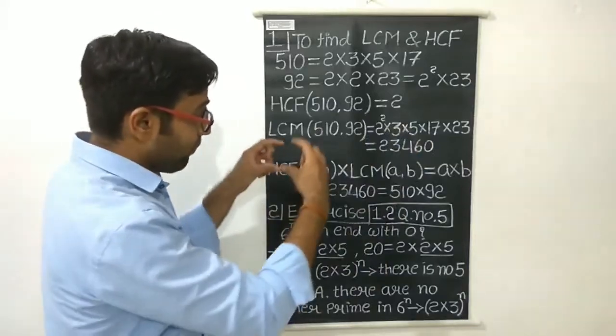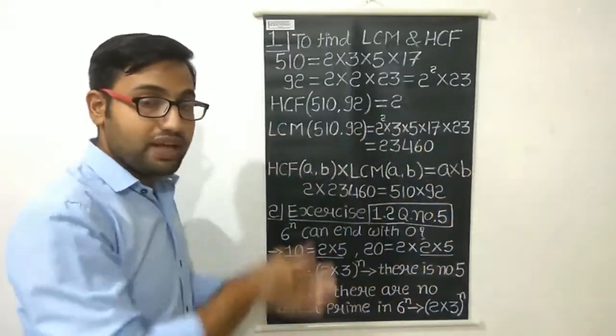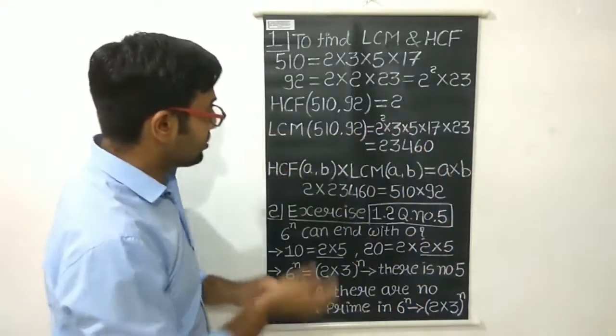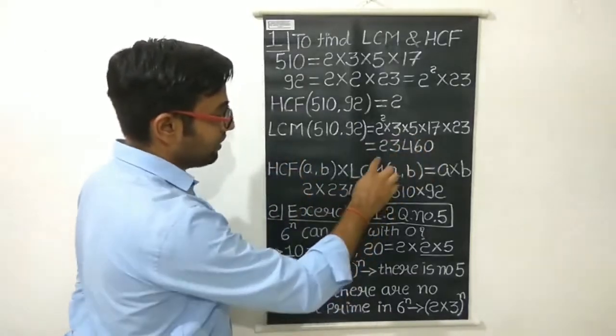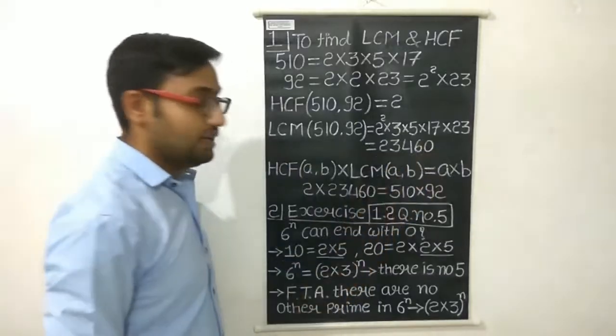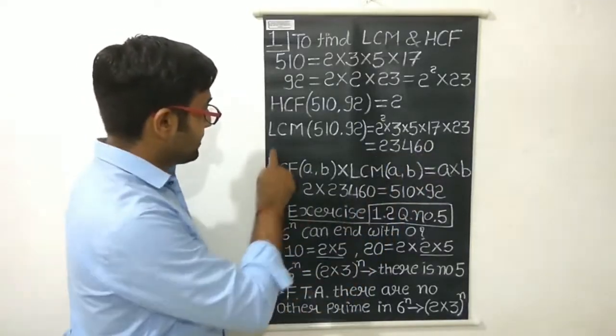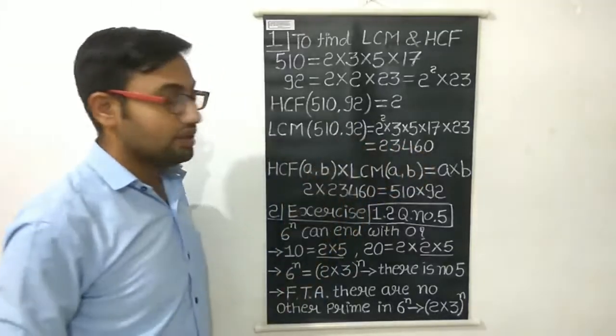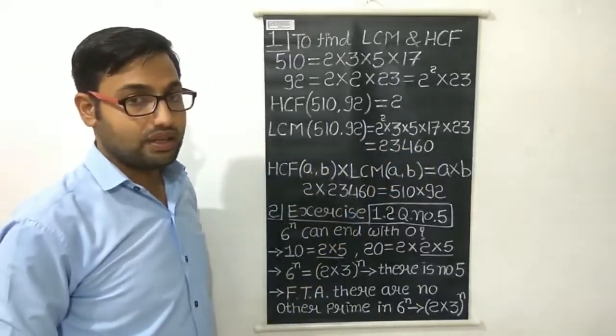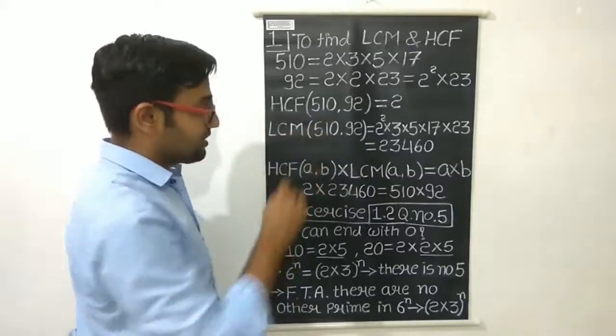So the product of all these factors with maximum power gives us the LCM. By doing the multiplication, we get 23,460. So we can say that the LCM of 510 and 92 is 23,460.